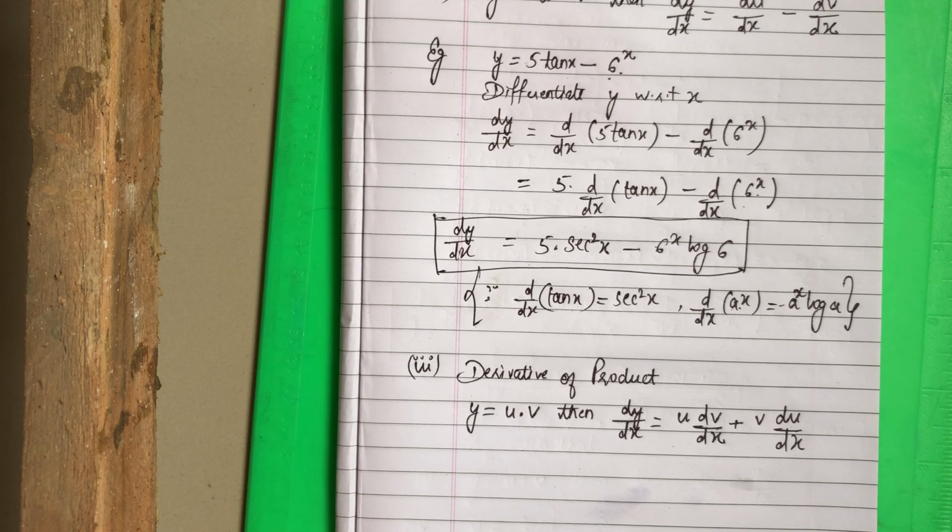This is the derivative of product rule. y is equal to u dot v, then dy by dx is equal to u dv by dx plus v du by dx.